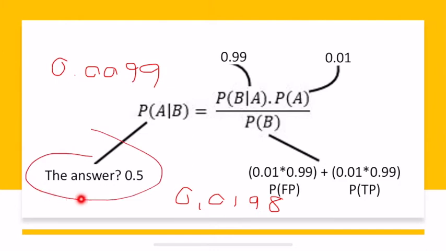It means that, okay, I give them this awesome test and they get a positive result. Because of the low prevalence of the disease in the population, primarily, it's only a 50% chance I have cancer.